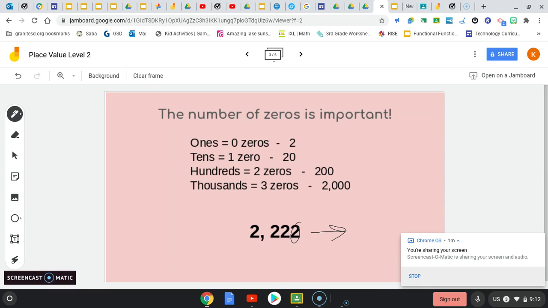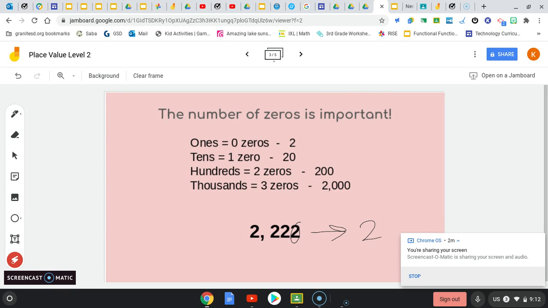Here's our digit. There's a 2 in the ones place. So when we're looking at the ones, we see there are no zeros added to the digit that is in the ones place. So that 2 just represents the number 2.